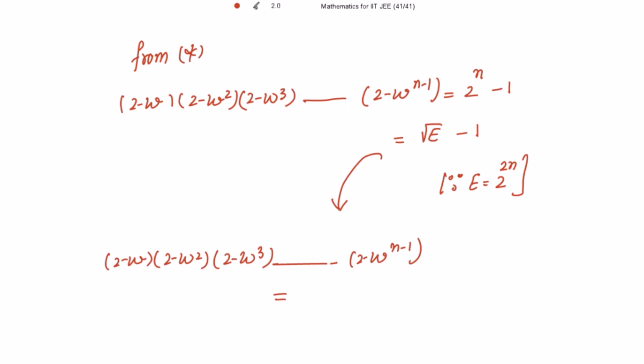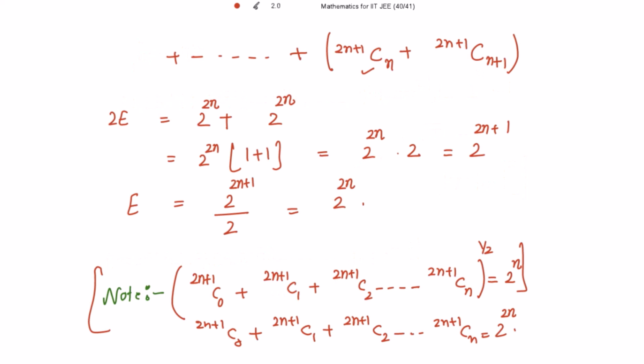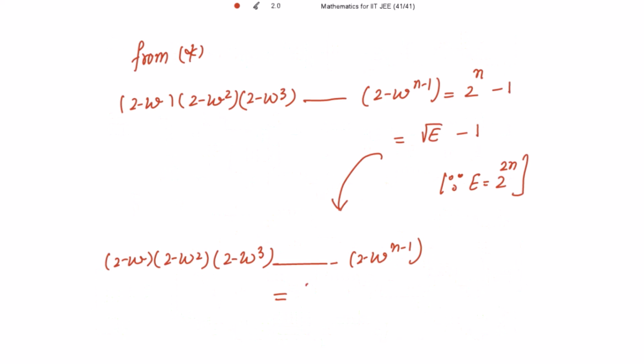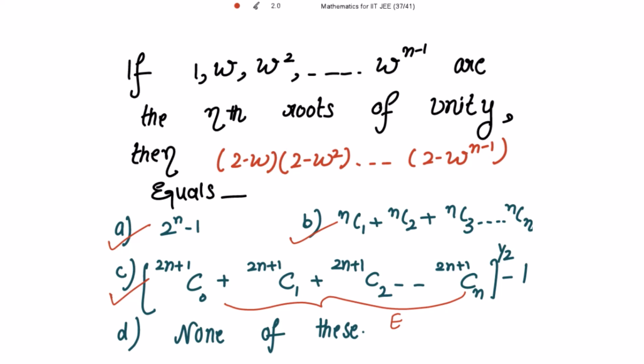Yes, what we have taken E to be: 2n plus 1C0 plus 2n plus 1C1 up to 2n plus 1Cn. So this is (2n plus 1C0 plus 2n plus 1C1 up to 2n plus 1Cn) to the power 1 by 2, minus 1. So C part is also correct, right? So all these, A, B, C, all these are correct. Thank you.